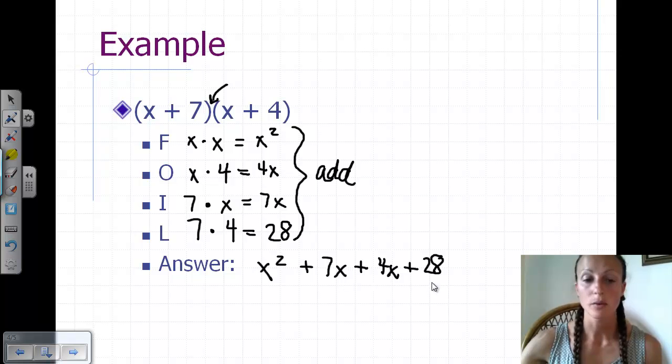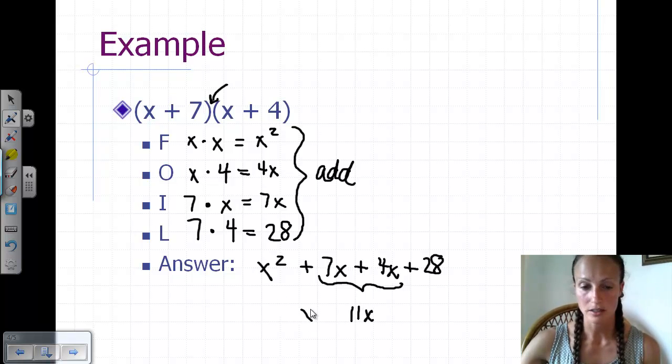The x squared can't be combined, the 28 can't be combined, but the 7x and the 4x both have the same variable and the same degree, meaning they have the same exponent. So I can combine those two terms. 7 plus 4, because we're adding like terms, is 11. So 7x plus 4x is 11x.